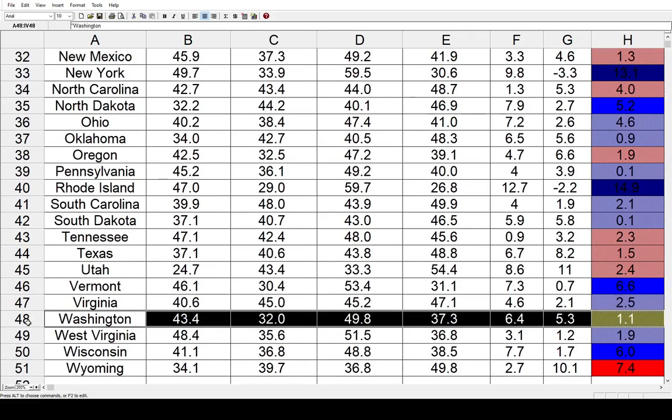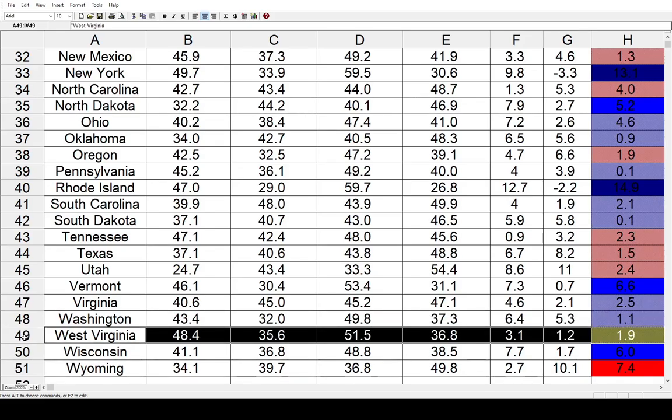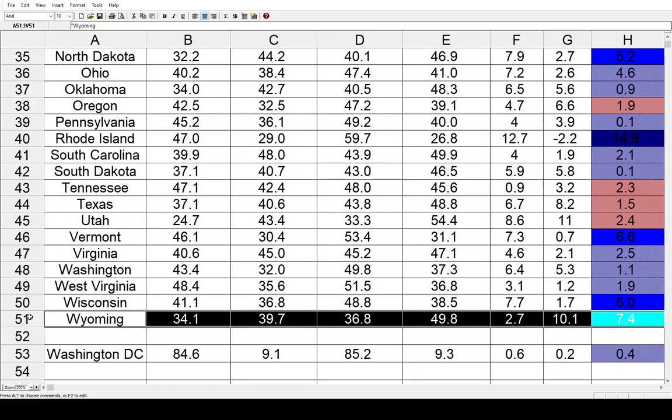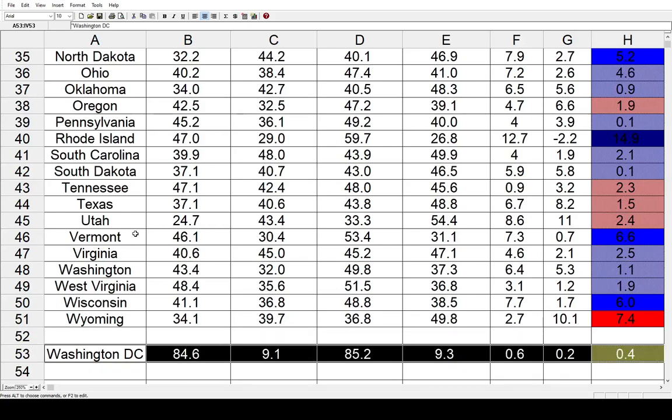Washington, 1.1 toward the Democrats. West Virginia, very red state now, but back then, it shifted toward Bill Clinton by 1.9%. Wisconsin had a decent shift toward the left by 6%. And the last state is Wyoming. That went toward the Republicans by a big 7.4%. And I also have Washington, D.C. on here. Very little change there, but it did go 0.4% toward the Democrats.